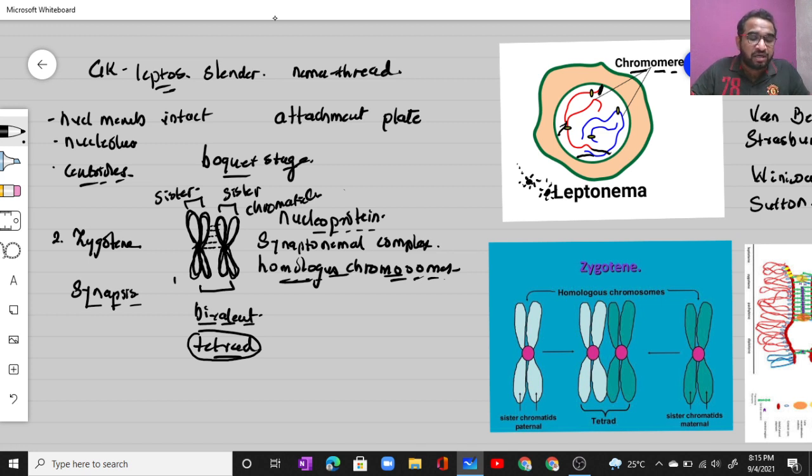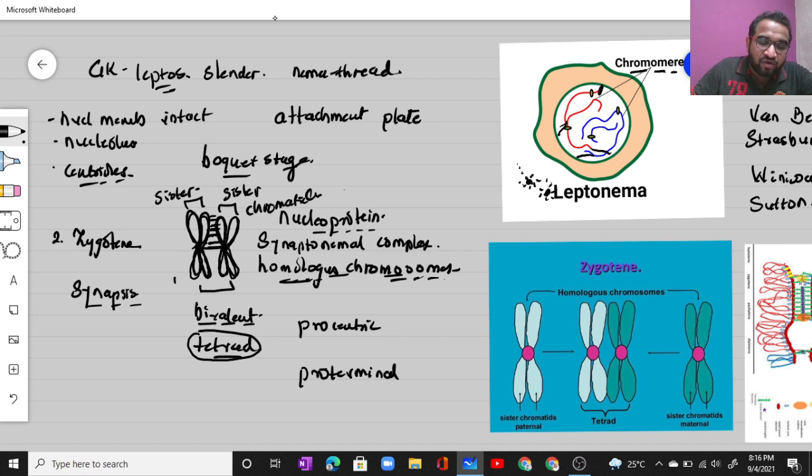Now let us understand what is procentric synapsis and pro-terminal synapsis. What is procentric? The synaptonemal complex starts from the centromere and continues towards the ends.